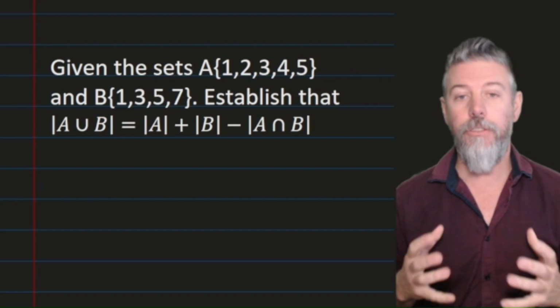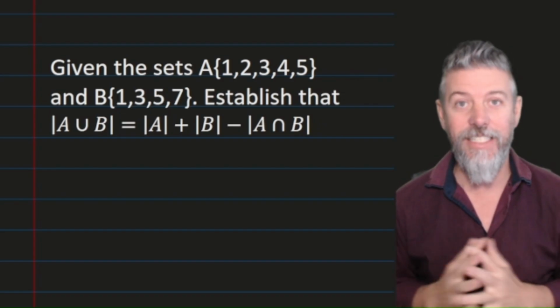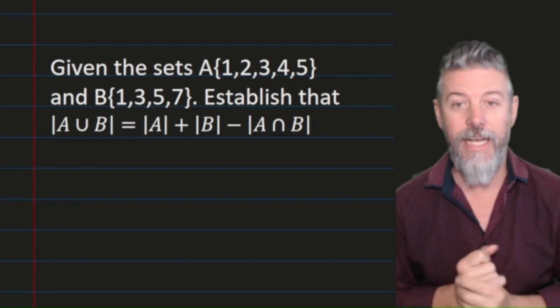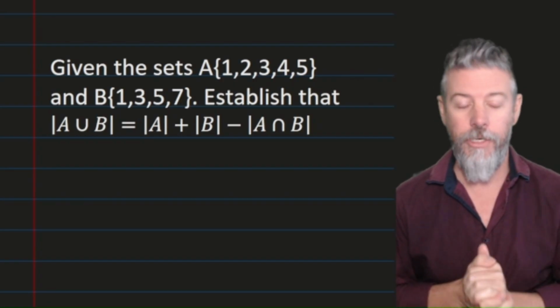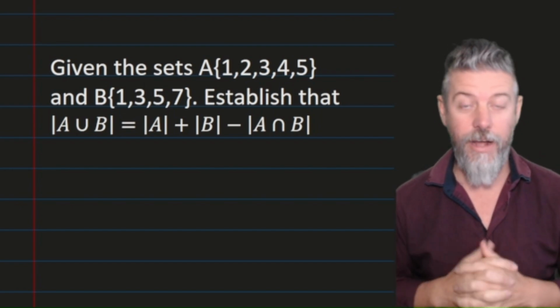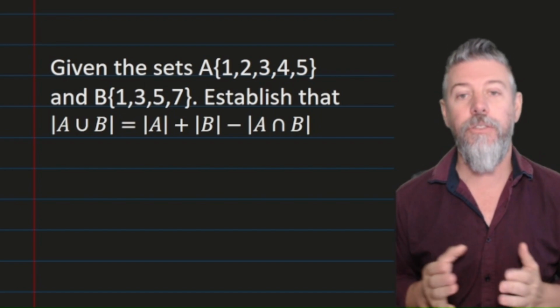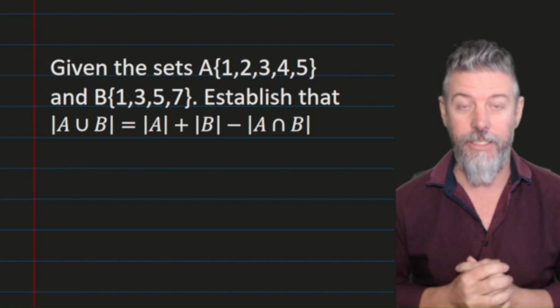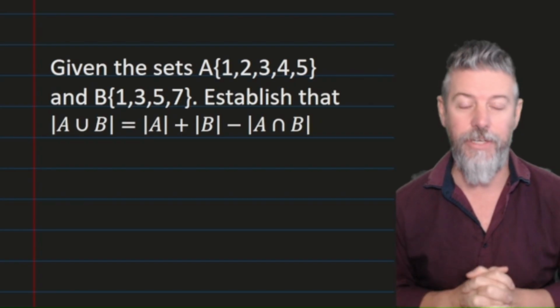Okay, so first things first, what's a set? So a set is just a set of elements. So we can see set A here, 1, 2, 3, 4, 5. It has unique elements in it, 1, 2, 3, 4, and 5 that are in that set. And we can use that set to do a bunch of probability calculations or a little bit of set theory.